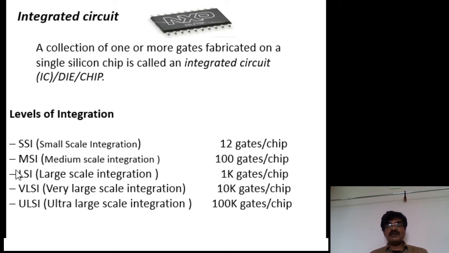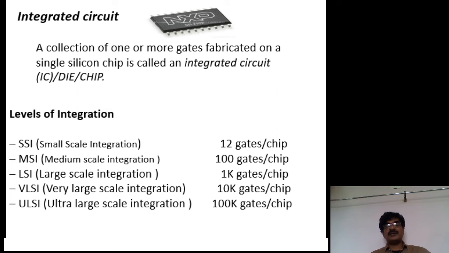Then coming to another level, LSI, called large scale integration. Here around 1000 gates are available per chip. In this category you can take examples of ICs like PLD devices, that is PAL, PLA.